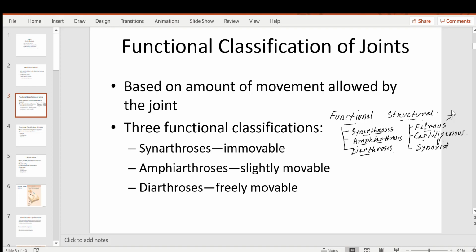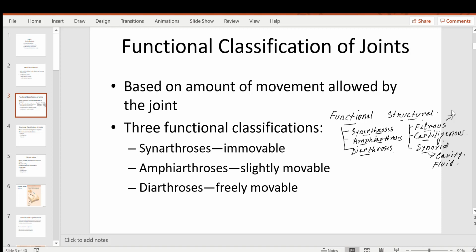Okay. Cartilaginous. Cartilages attach the bones together. And synovial are the joints where the bones are not attached by a particular structure. There is a cavity inside the joint. So inside the joint there is a space between the bones, or cavity, and that cavity contains a fluid called the synovial fluid.